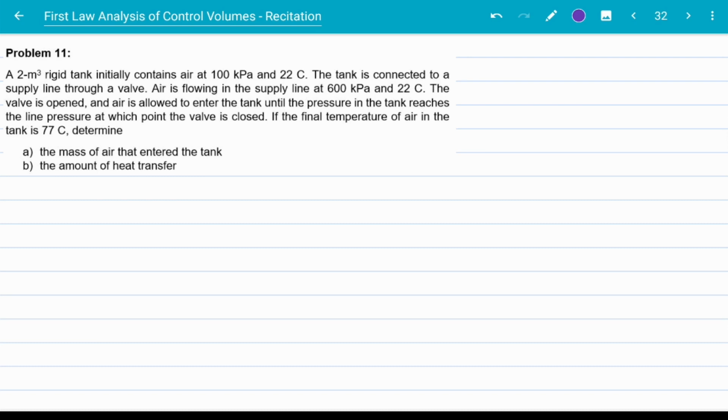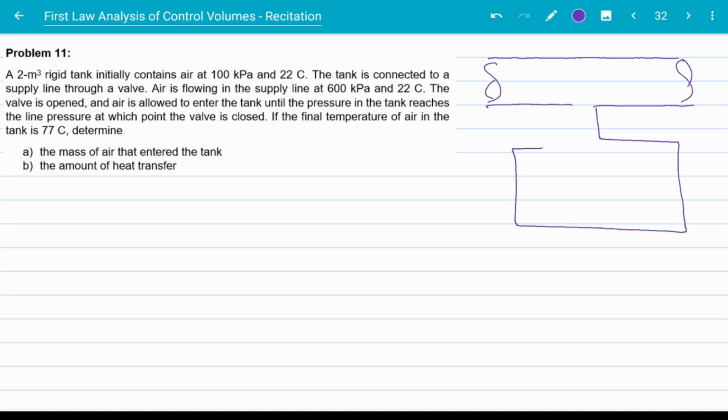At this moment, the temperature inside the tank is 77 degrees Celsius. We are asked to find the mass of air that entered and the amount of heat transfer. This is the pipe that we are dealing with. This is the tank. This is the valve.